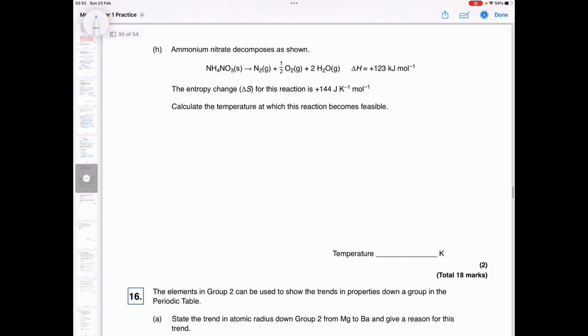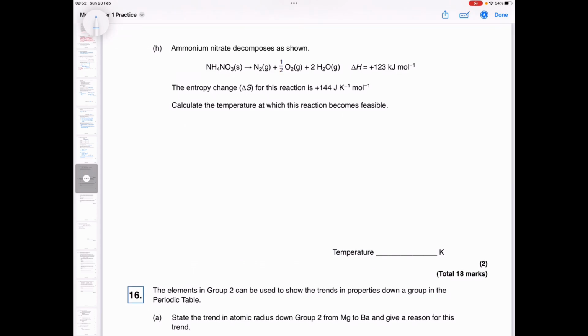So a final calculation now. Ammonium nitrate decomposes as shown. We've got the entropy change, calculate the temperature at which this reaction becomes feasible. So delta G equals delta H minus T delta S. It becomes feasible when delta G is 0.